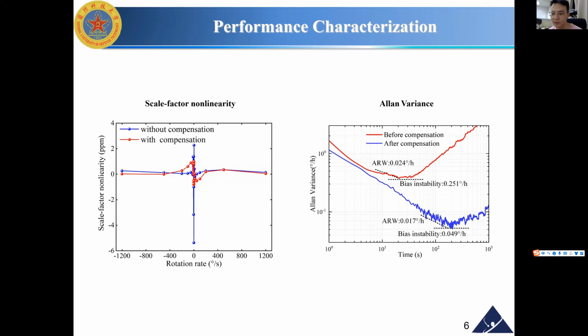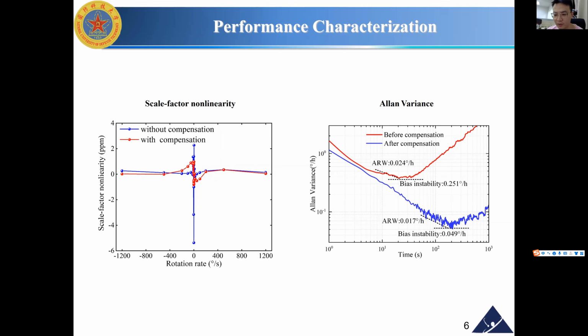The nonlinearity of the scale factor is tested under 27 rate points ranging between 1,200 degree per second. For each rotation rate, the gyroscope has acquired output data for 30 seconds with a sampling rate of 1 kilohertz. As seen in the figure, the scale factor nonlinearity has improved by 5 times from 5.38 ppm to 1.08 ppm after anisodamping compensation.